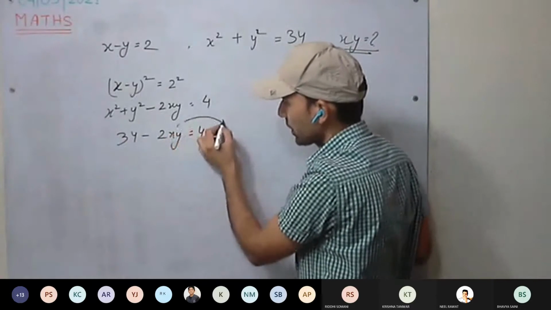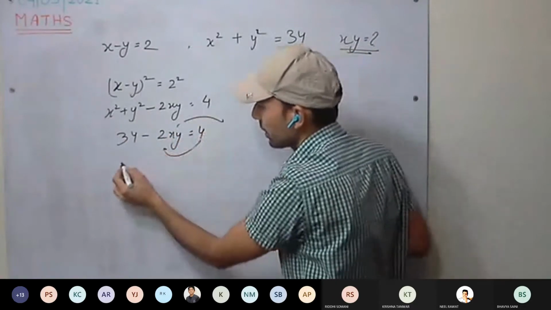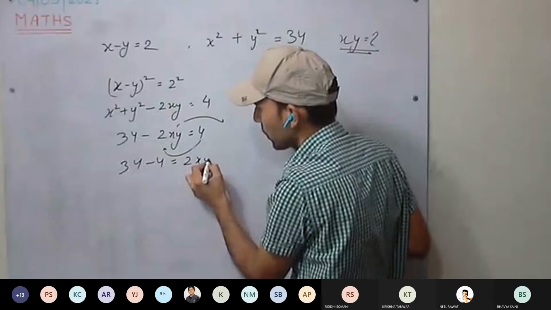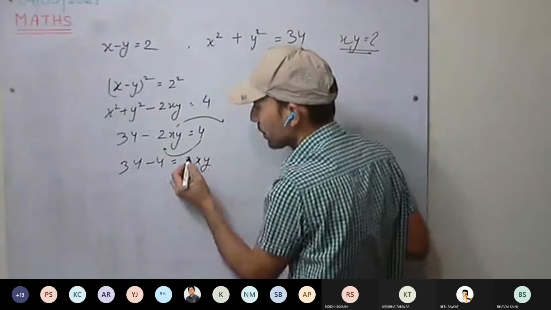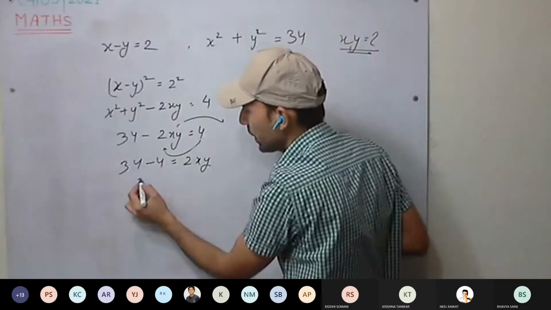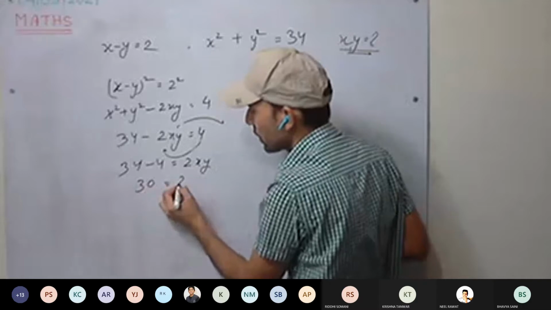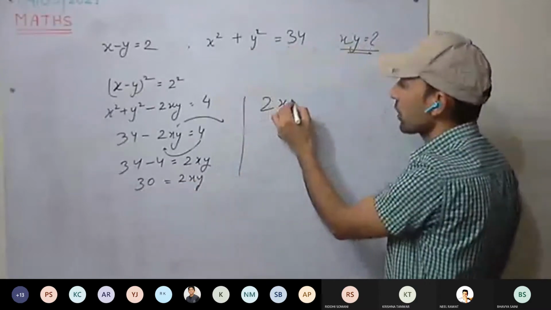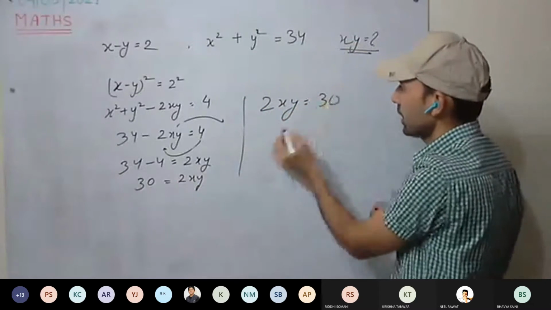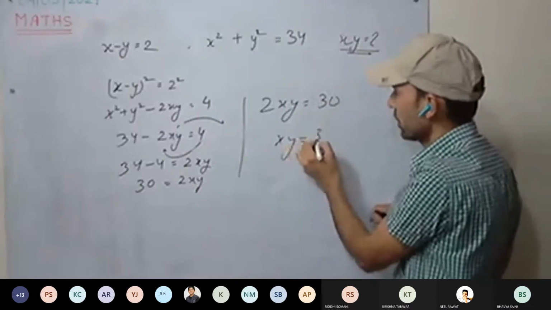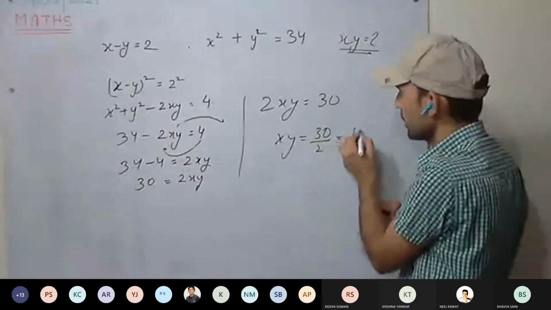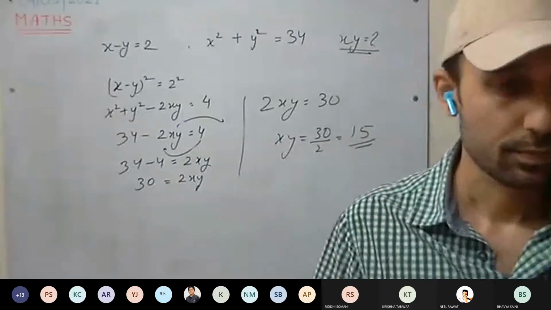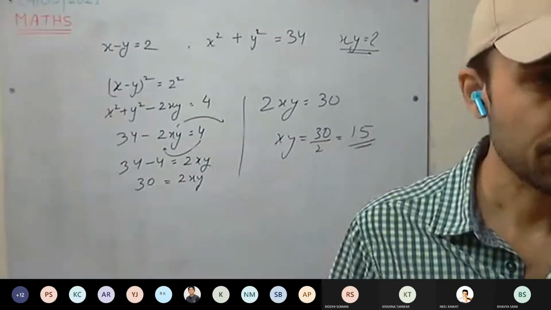Take this on this side and 4 on that side: 34 minus 4 equal to 2xy. It will be 30, so 2xy equal to 30, xy equal to 30 by 2, which is 15. Is this clear? 15th one.